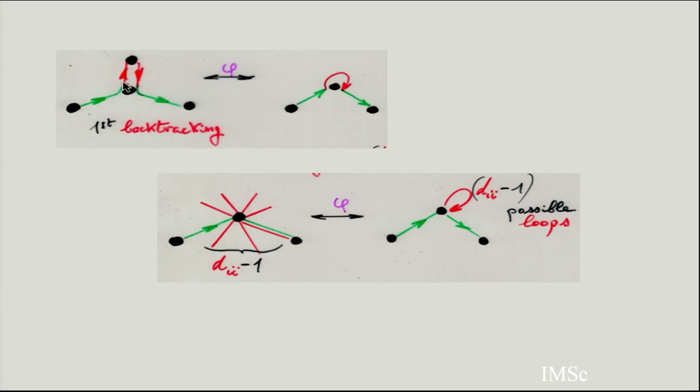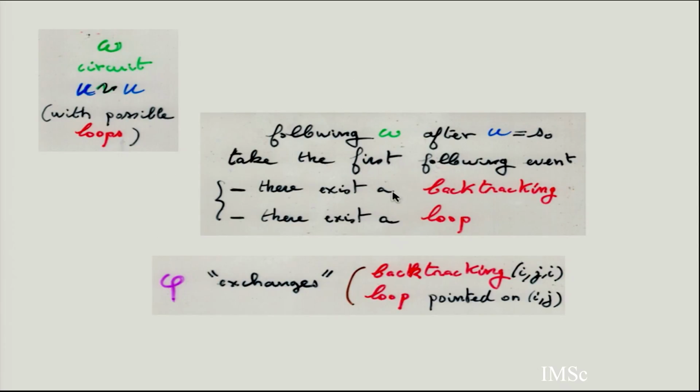And if you have a backtracking, I can cancel it with all these loops weighted by this. So the idea is, if I have a circuit with possible loops, then you follow, except the first point, you follow after the first point, and you take the first time there exists a backtracking, or the first time there exists a loop which is weighted by the degree minus 1. And then you exchange the two.